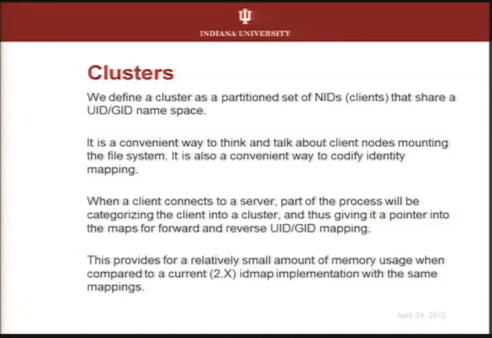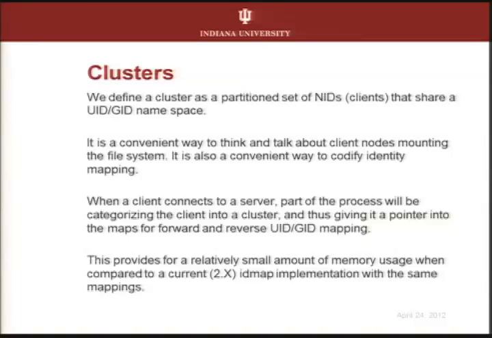So I'm defining a cluster as a partitioned set of UIDs that share a common UID GID space. It's basically saying these sets of nodes are, for all intents and purposes, one machine, and I'm treating them that way. It's really convenient to think about them mounting it, and it's also a convenient way to identify how I want to map their UIDs.